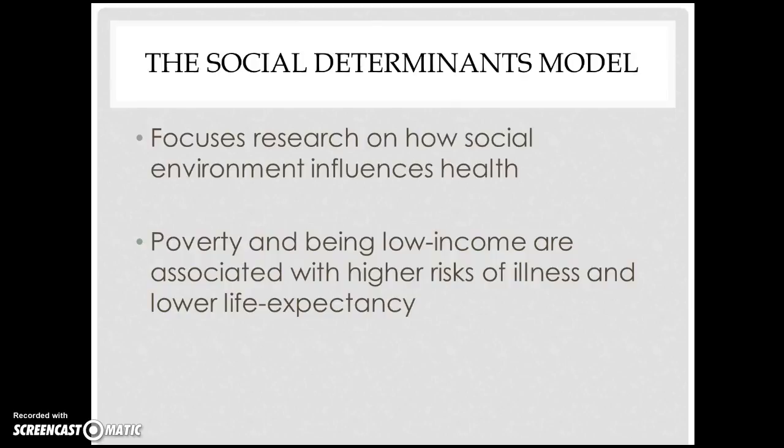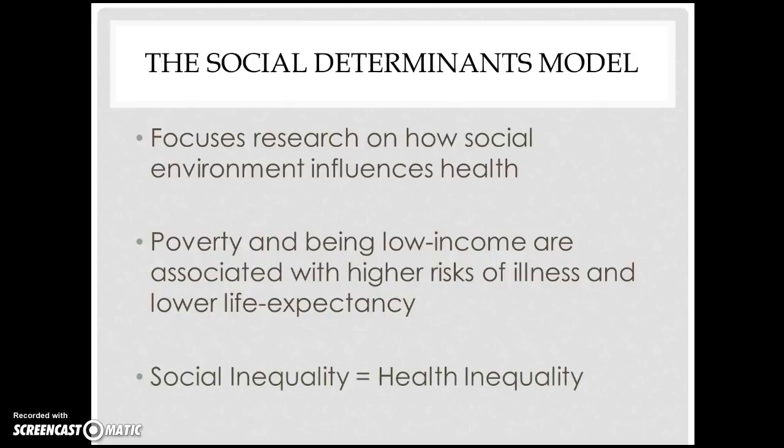Poverty and being low income are highly associated with higher risks of health problems and mental problems as well. Poverty and low income are associated with lower life expectancy and a lower quality of life. So the research is almost unanimous in suggesting that social inequality is very much correlated with health inequality as well.